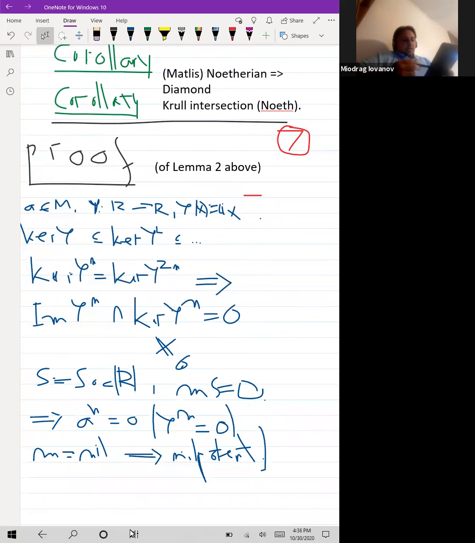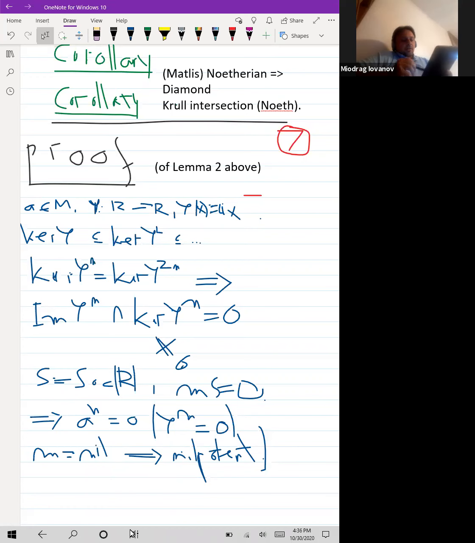You can reduce this to the maximal ideal. You assume that we are working with the maximal ideal, so I'm having a local ring here. You take an element in the maximal ideal and you take the left multiplication. You take the sequence of kernels, so annihilators of powers, but I'm just thinking of them as kernels, and as usual in Fitting's lemma, it is going to be stationary at some point because this is Noetherian.